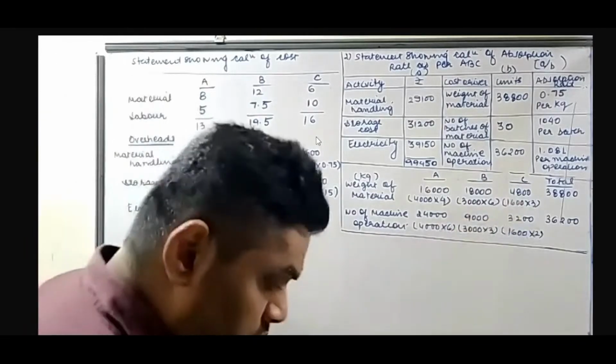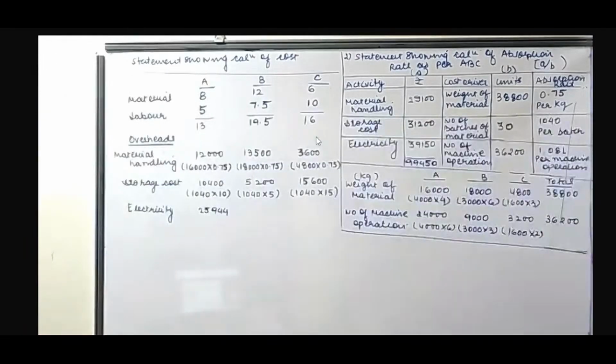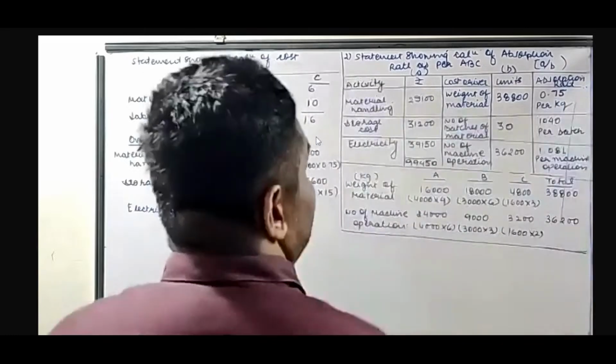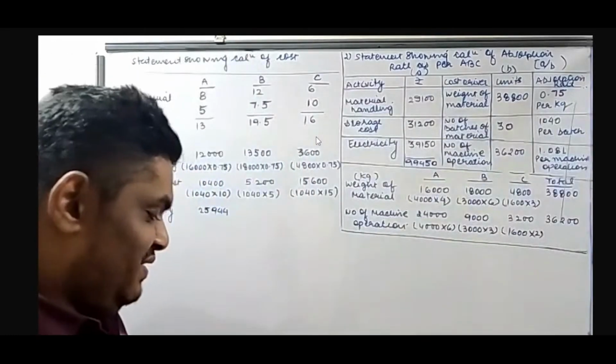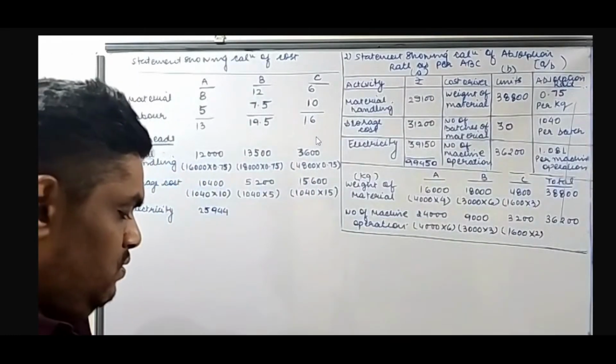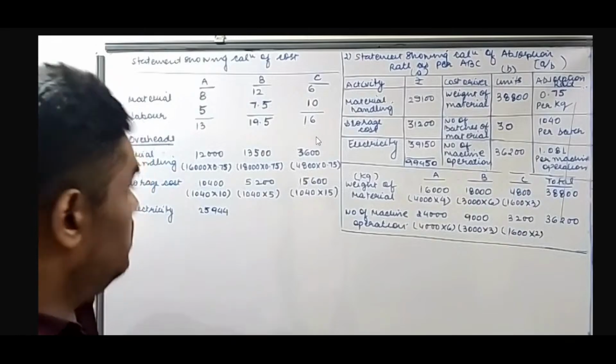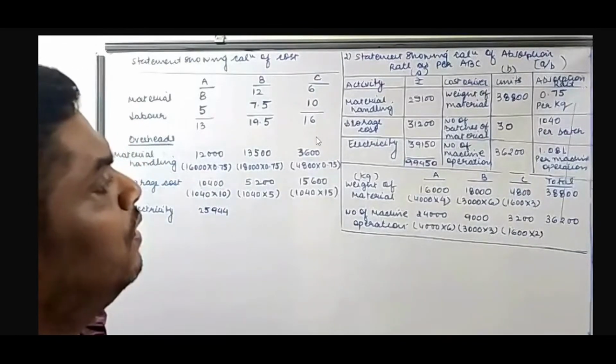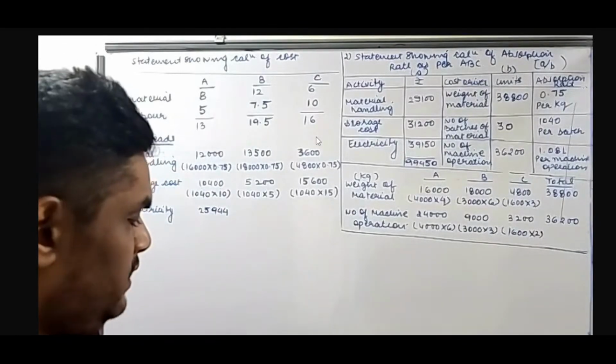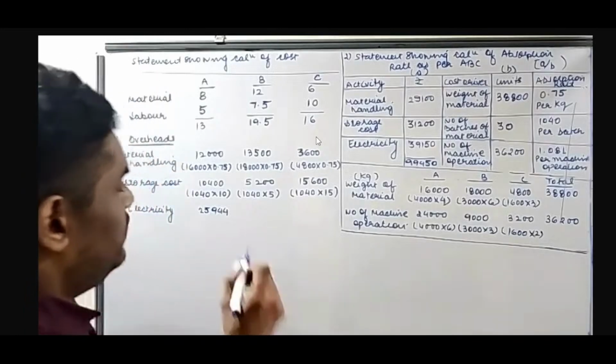Again 9,000. Sorry guys, 1.081 into 9,000, 9,729.